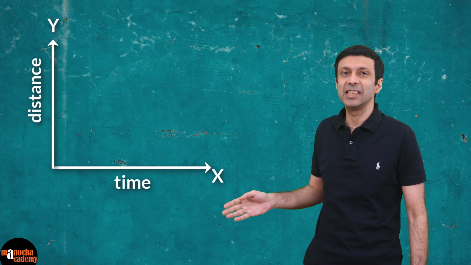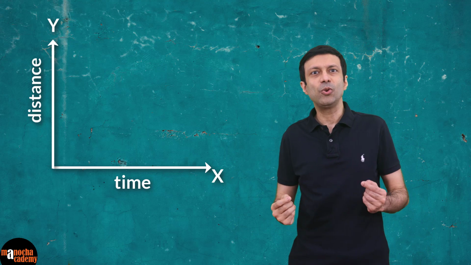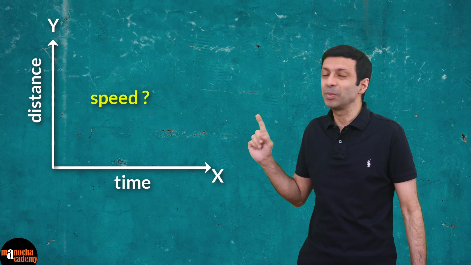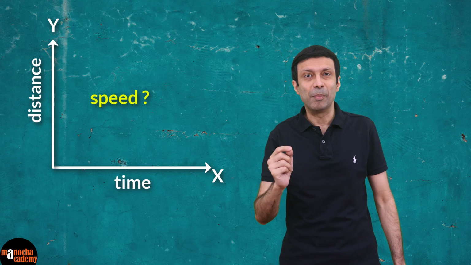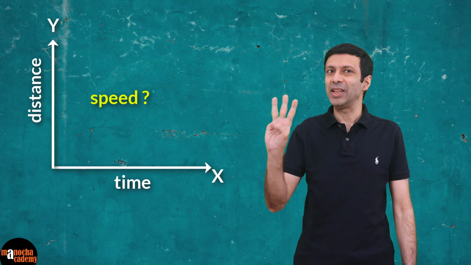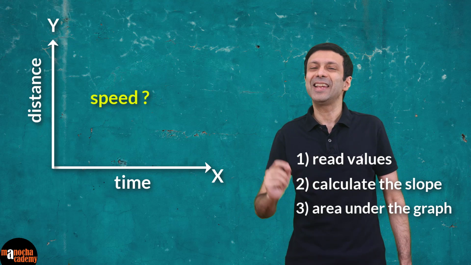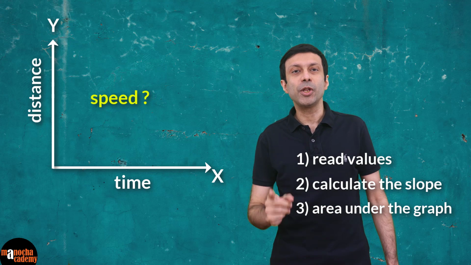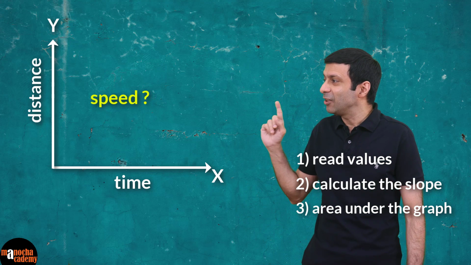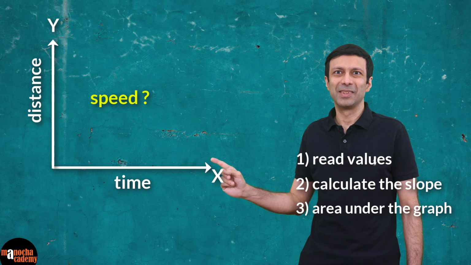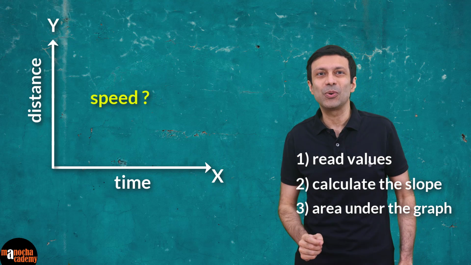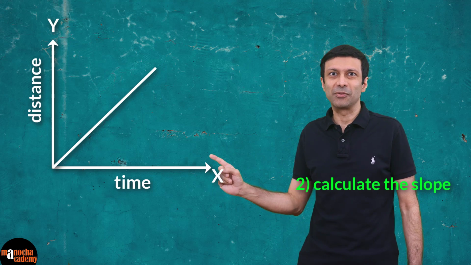If we have a distance time graph where time is along the x-axis and distance is along the y-axis, how can you calculate the speed of the body from this graph here? Remember, from a graph we can do three things: read values, calculate the slope and find the area under the graph. So what do you think is needed to find the speed from a distance time graph? That's right, you need to calculate the slope of this graph.